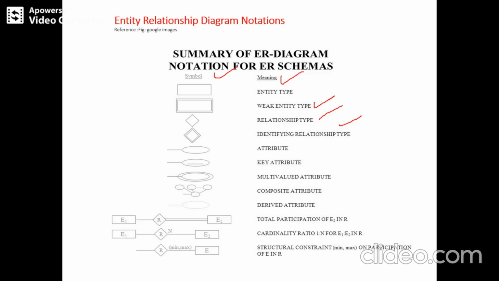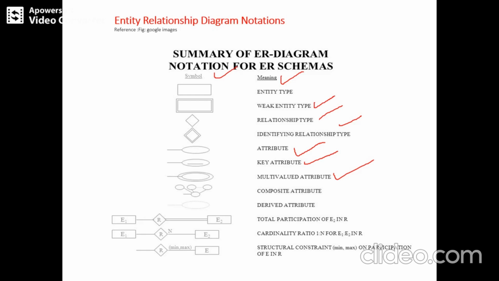An oval with a line is an attribute. To represent an attribute, we use this symbol. If it is a key attribute, the text inside the oval will be underlined. The multi-valued attribute is represented by a double oval with a line.